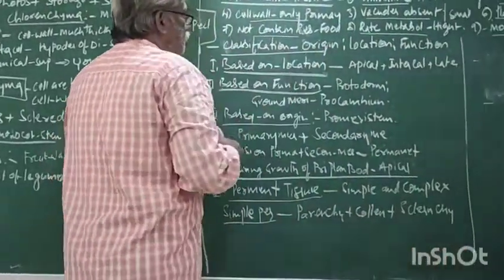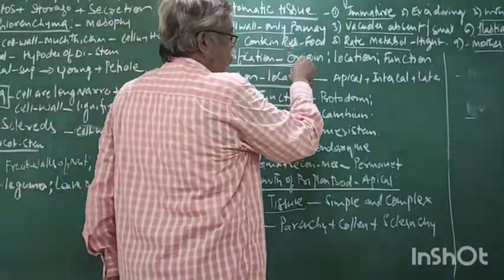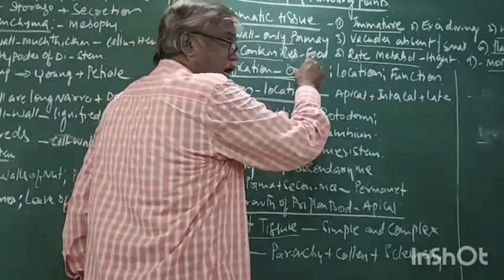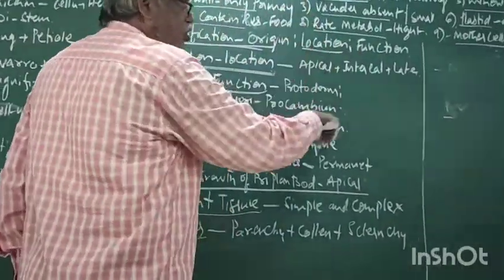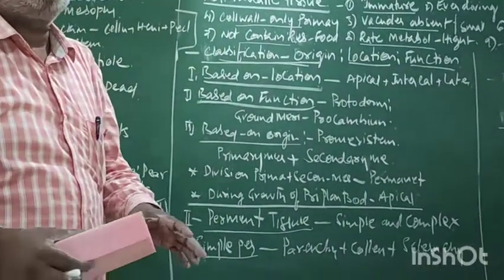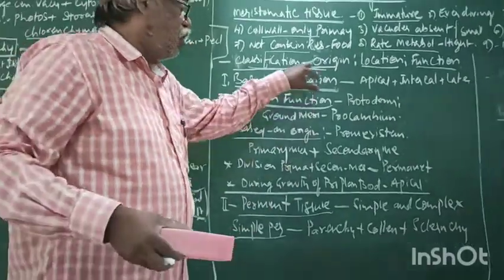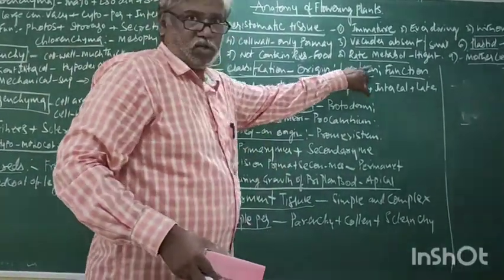The classification of meristematic tissue is based on origin, based on location, and based on function. So the meristematic tissue has three classifications: origin, location, function.